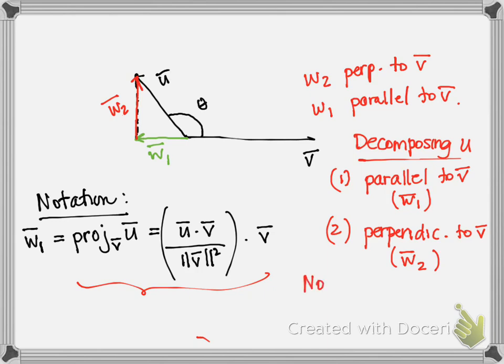So just notice that U is W1 plus W2, okay? So you can solve for W2 just by subtracting. W2 is just U minus W1. And that's the last thing we'll say.